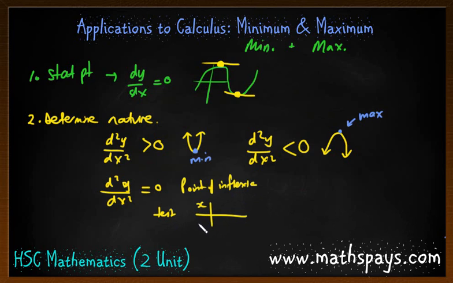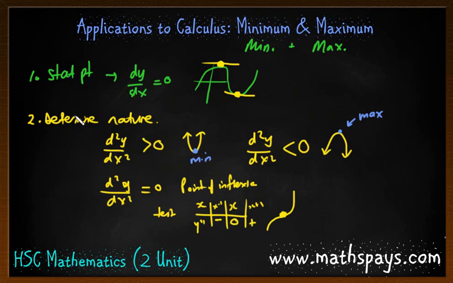For our x and our y double dash, we usually put the x value inside here, and then we go x take away 1, and x plus 1, and we want to see if there's a change, for example a negative and a positive, or a positive and negative, which means we have a concave down for the negative, and concave up for the positive value. So that then proves our point of inflection.